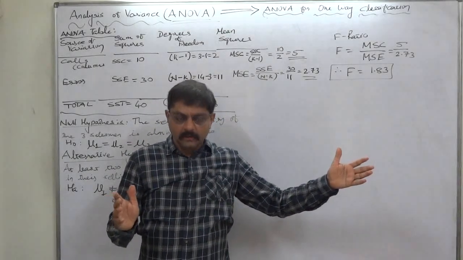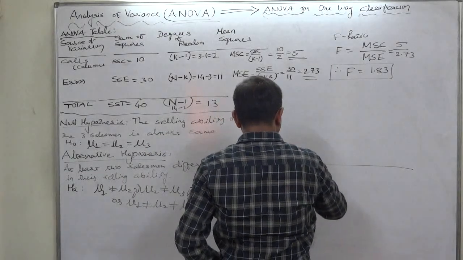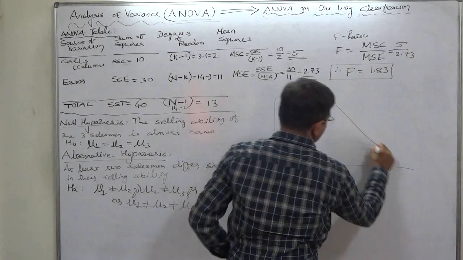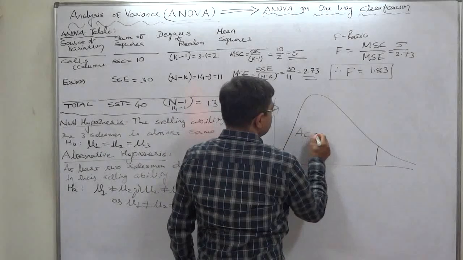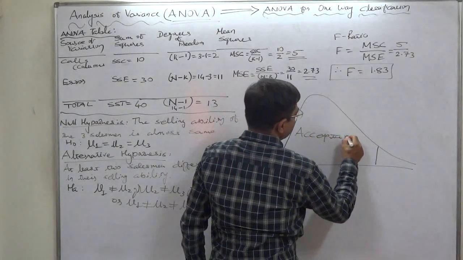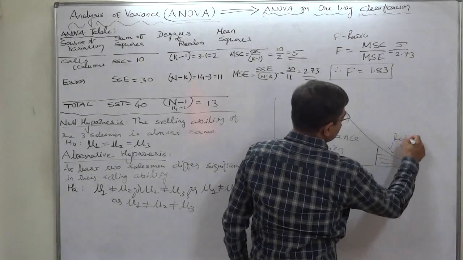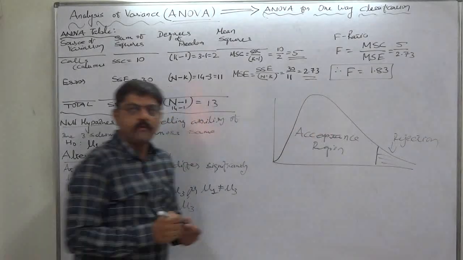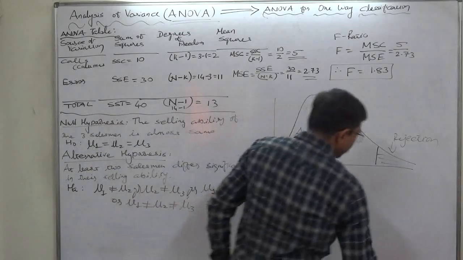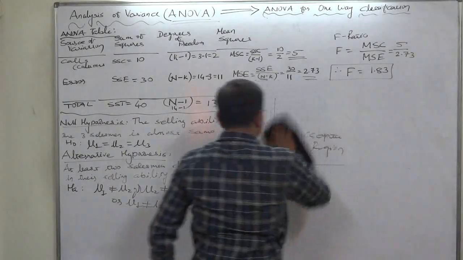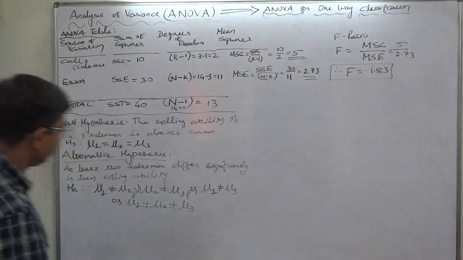In the graph, the critical value is here, the acceptance region is there, and this is the rejection region. Always think of this kind of test whenever there is ANOVA. That's why we take only one critical value every time in case of ANOVA.